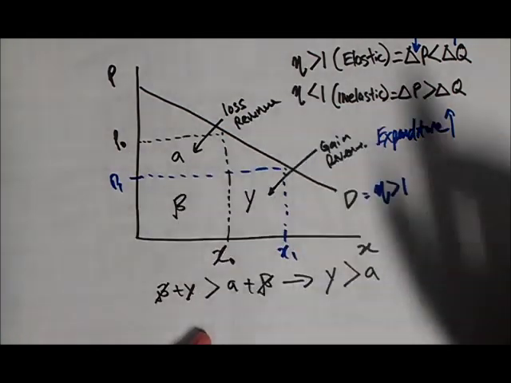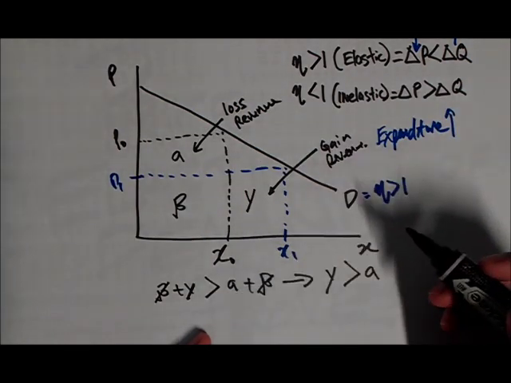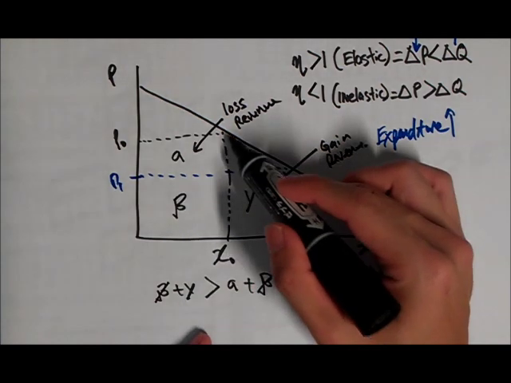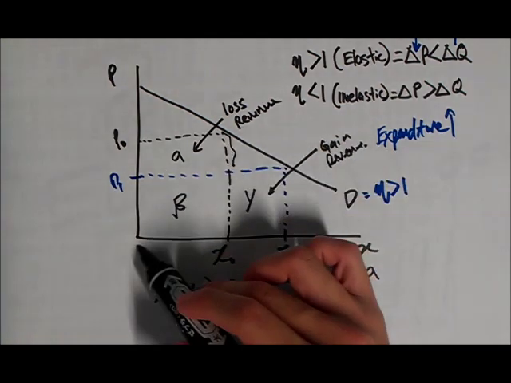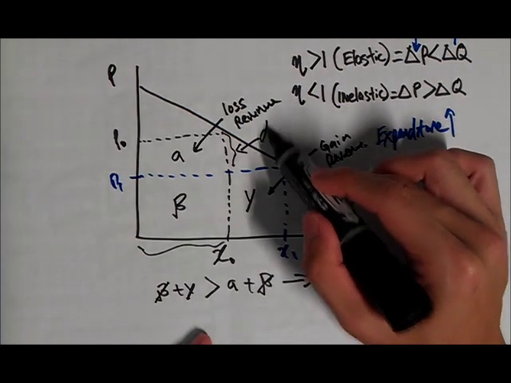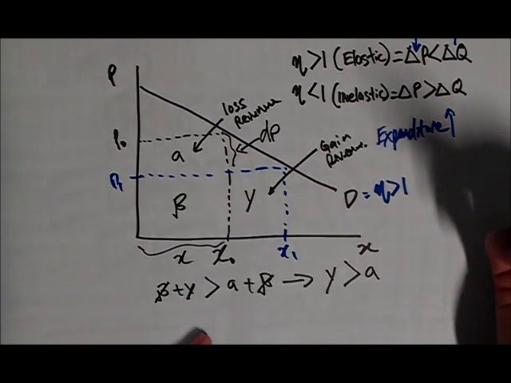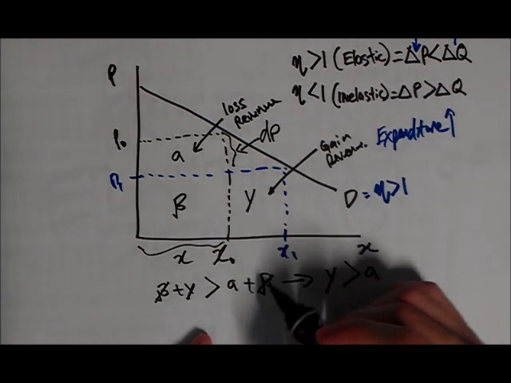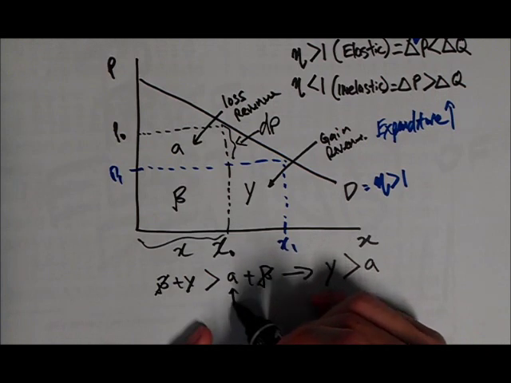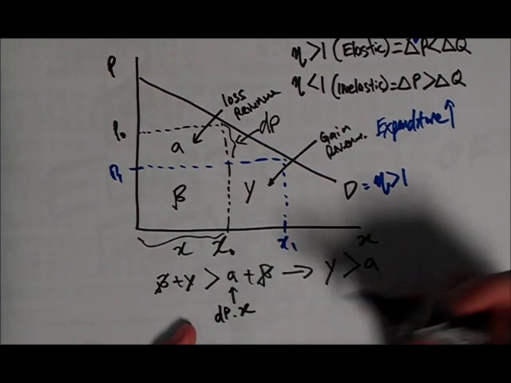It looks like an area, right? To calculate alpha, we take this distance multiplied by this distance. This distance over here is the change in price, and this distance over here is x. So the formula for alpha is dp multiplied by x.